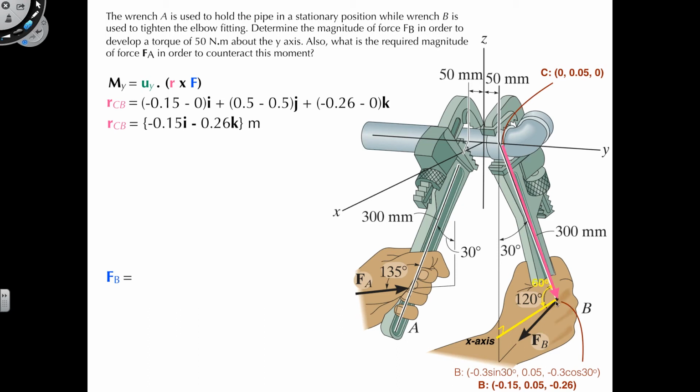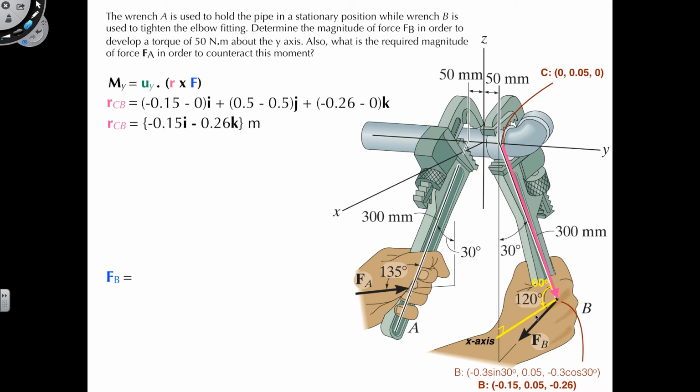Since this is 90 degrees and this is 30, this obviously will be 60. So from this vector or this line to the x-axis is 60.